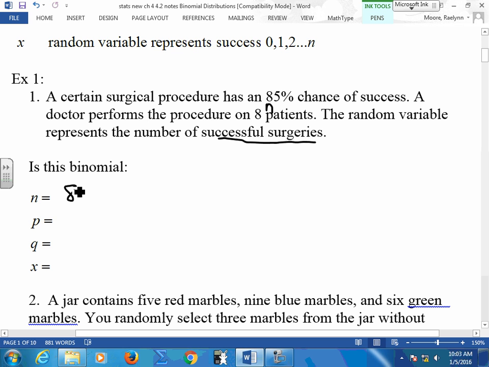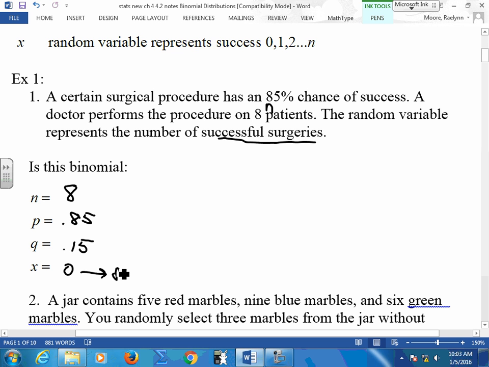The probability of success. 85. What is Q? Failure. 1 minus, it's the complement. 1 minus 85. It could either be success or failure. And what do all your probabilities have to add up to? 1. So 2 choices, and the X can go from 0 to 8.